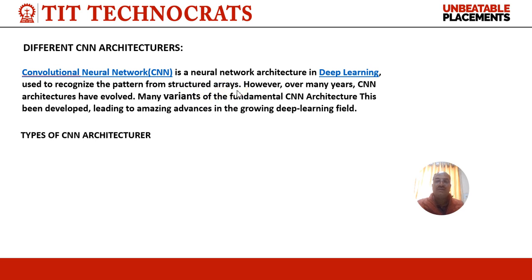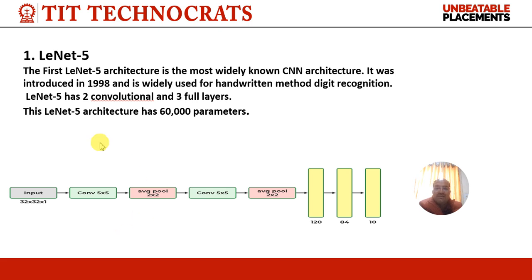Over many years, CNN architectures and many variants of the fundamental CNN have been developed, leading to amazing advances in the growing deep learning field. Here we discuss different types of CNN architecture. First is LeNet-5 architecture.